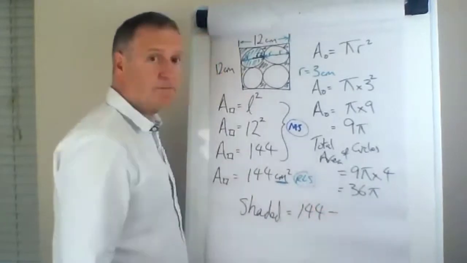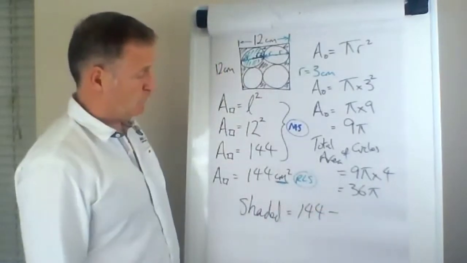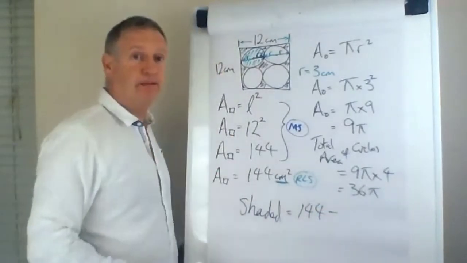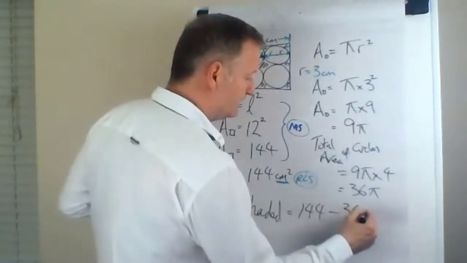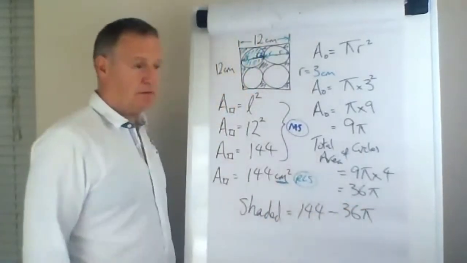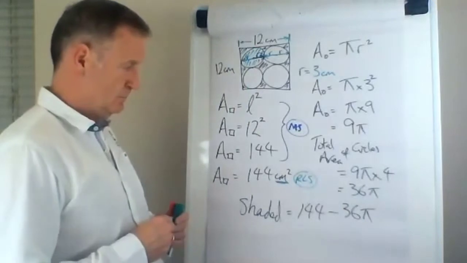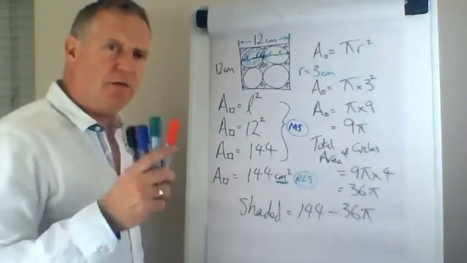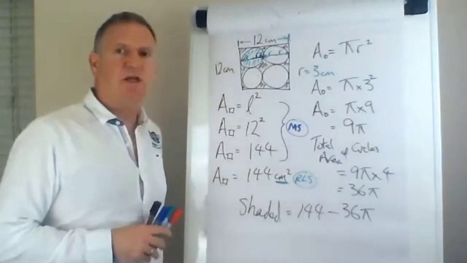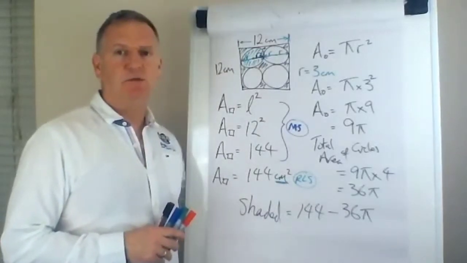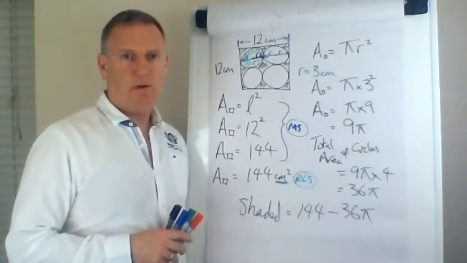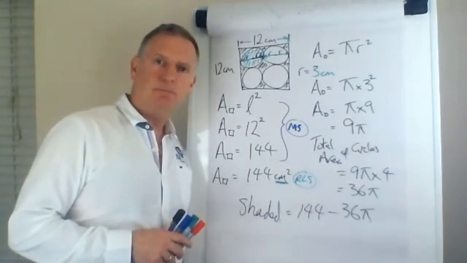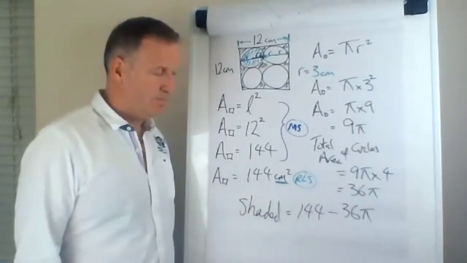Take away 36 pi. 144 take away 36 pi. Now, do you know in the question, does it say leave your answer in terms of pi? Give your answer in terms of pi.